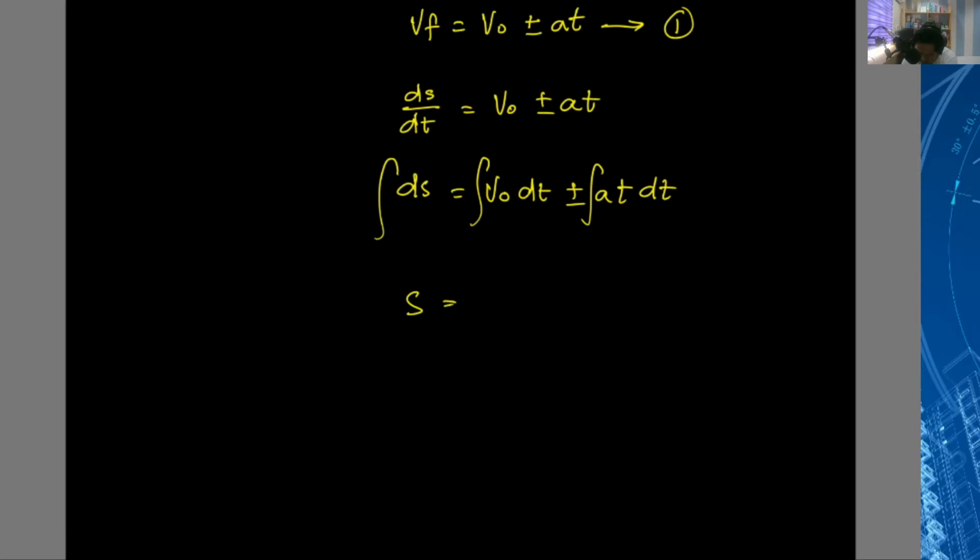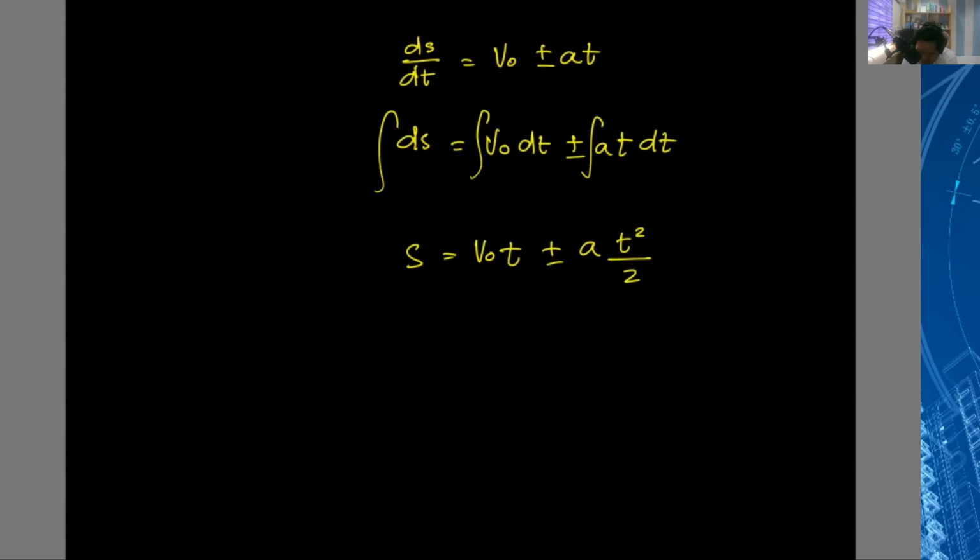Okay, so this becomes what? S equals, so velocity initial in this case is constant, so that would be Vo t. So plus or minus acceleration also is constant, so this becomes the power formula. So t to the n, where n is 1, so t squared over 2. Okay, so with the limit of this one is 0 to final S, and this one is 0 to time final.